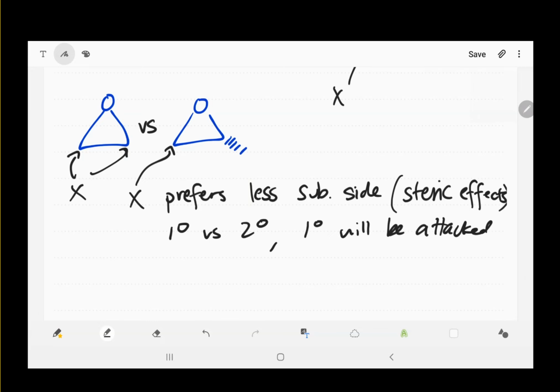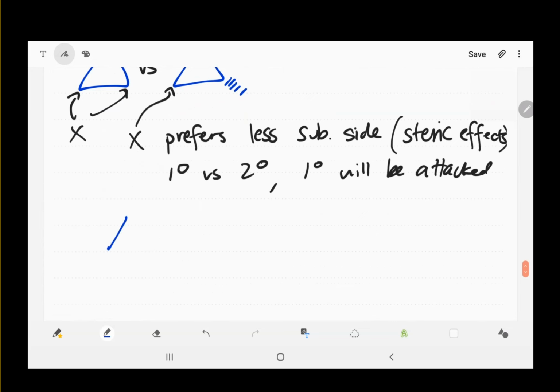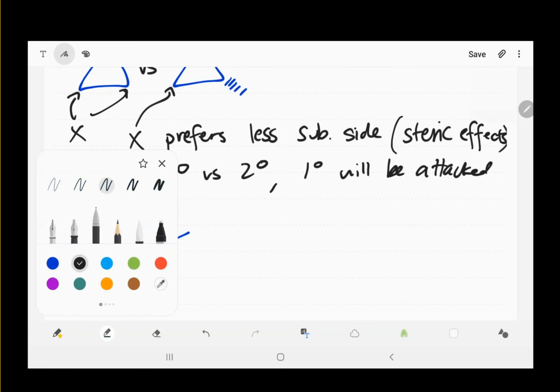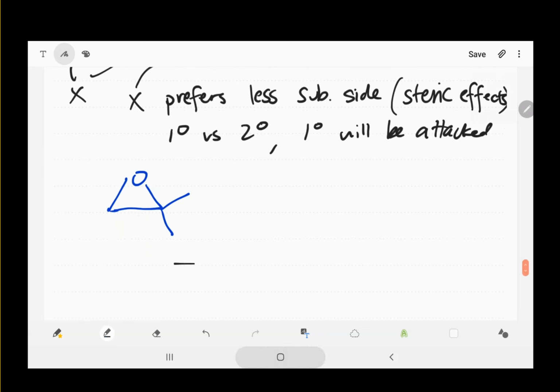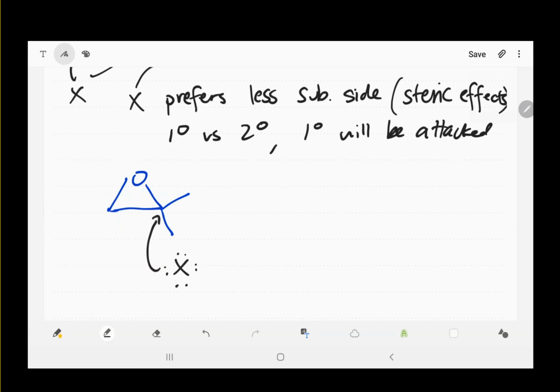But, weirdly enough, if we've got this one now, your nucleophile will actually attack a tertiary side of your protonated epoxide.